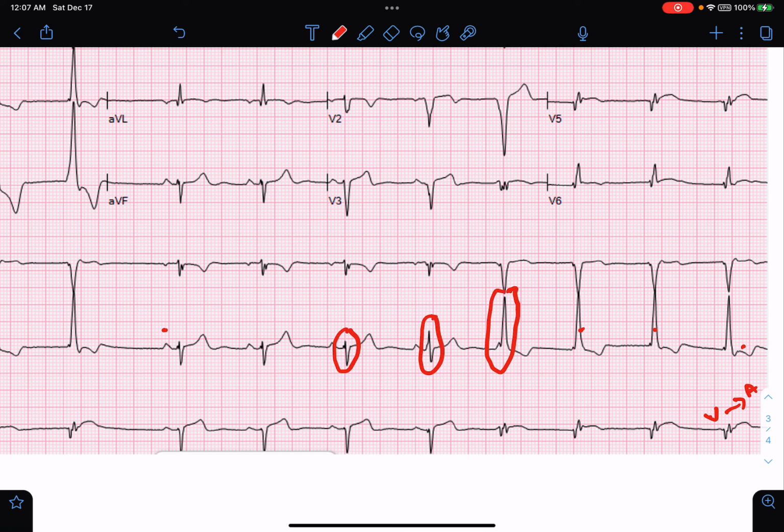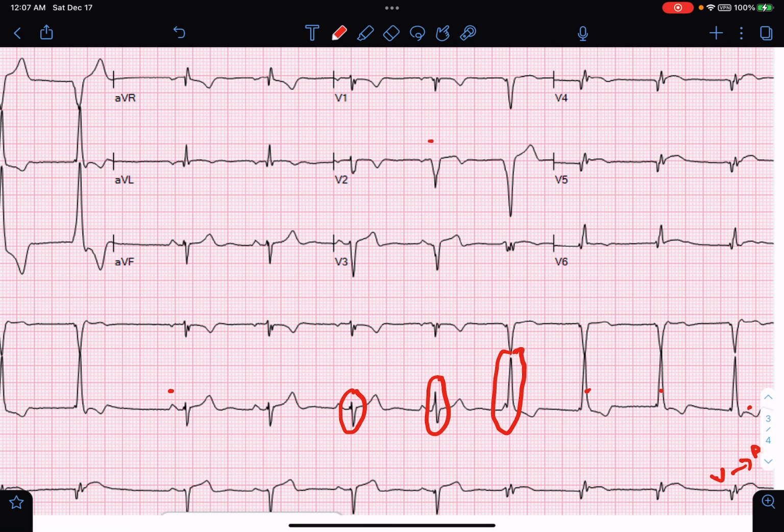It's kind of in the middle. If you want to see this more clearly, you can tell in this beat here. So this is the native QRS complex beat, this is the fusion beat, and this is the accelerated atrioventricular rhythm. So this beat here represents fusion.